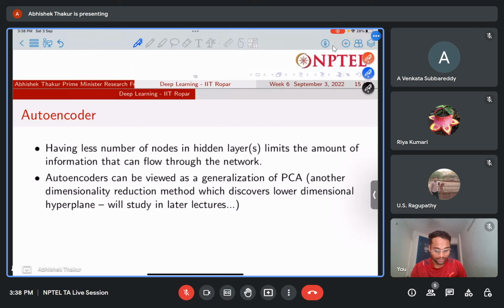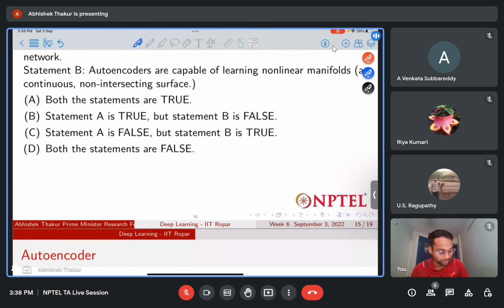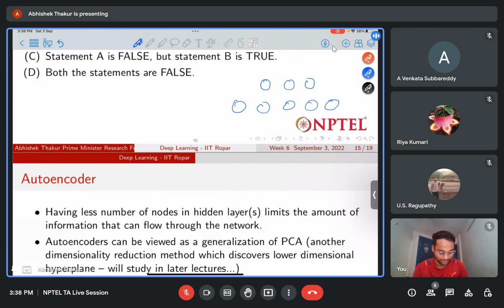Two points. In the under complete autoencoder, having fewer nodes in the hidden layers limits the amount of information that can flow through the network. If there are fewer neurons in the hidden layers than the input, then it limits the information flow through the hidden layer.